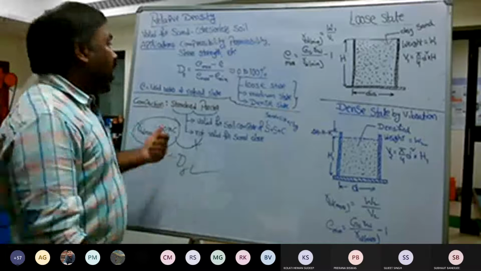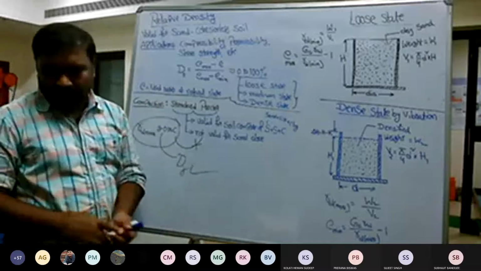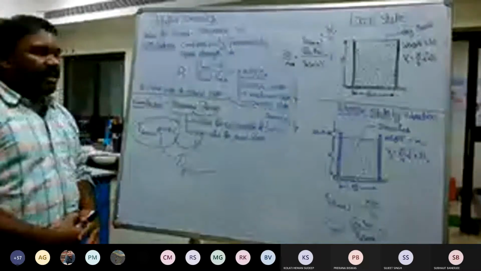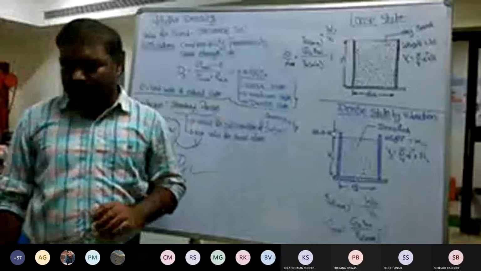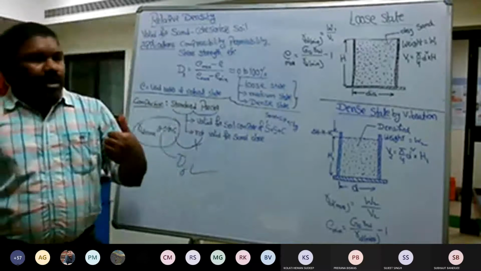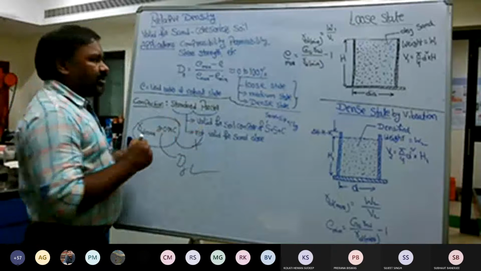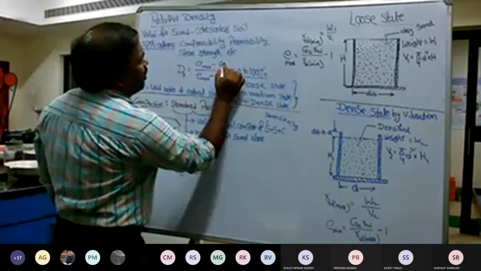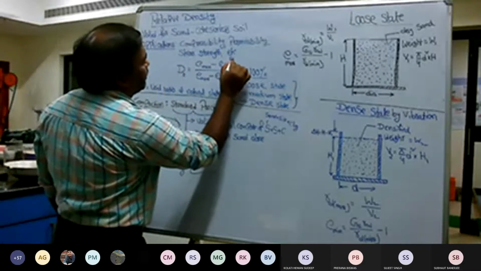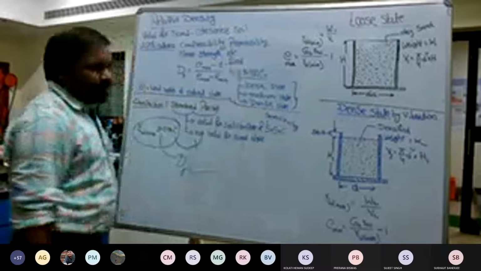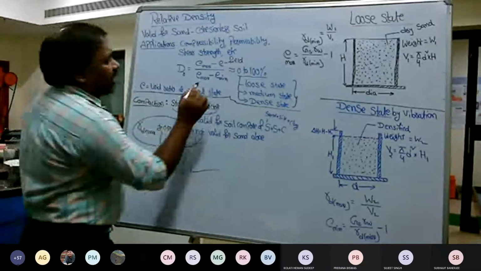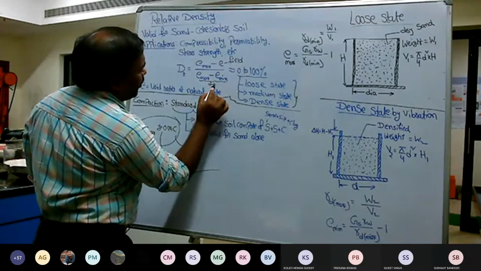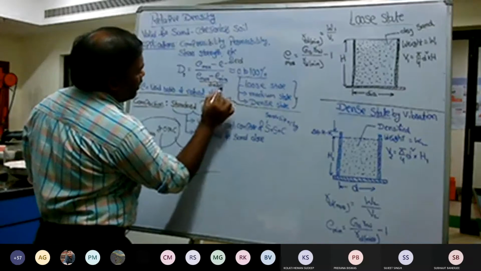That is, how to determine this relative density. Is it possible to determine this relative density both in the field as well as in the laboratory? So the answer is, suppose you look at these parameters, Emax, E minimum and E. E is always obtained from the field condition, while Emax and E minimum are determined in the laboratory.